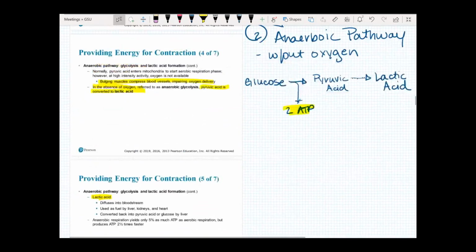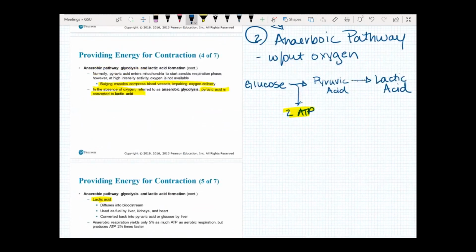So this is a good process. It's fast. It's great. When oxygen is deficient, you can still make ATP, which is great. A couple things about this process, though. It only yields 5% as much ATP as aerobic.